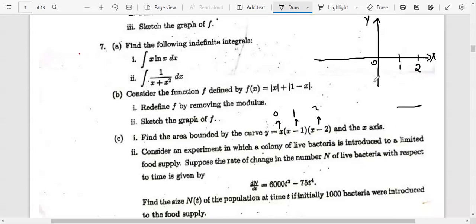So you need to see how this function is going to be behaving between these different points. Anyway, it's necessary. So I have got x, I have got x minus 1, I have got x minus 2.